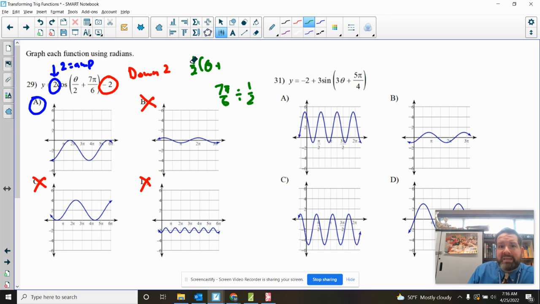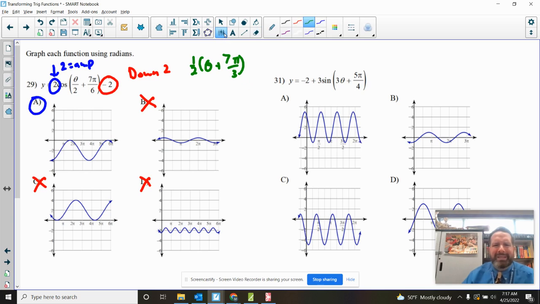I'm dividing by that b value, is the same as 7 pi over 6 times, what would it be? 2 over 1. Flip it upside down. So reduce, and what we're left with is 7 pi over 3. Okay.